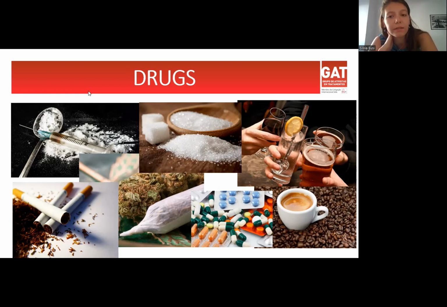A lot of people think it's because they are more dangerous, but actually there's no real line between dangerous and safe drugs. Alcohol is one of the most dangerous drugs, and it's really easily accessible. In some countries a little bit less, but we can all use it and consume it.